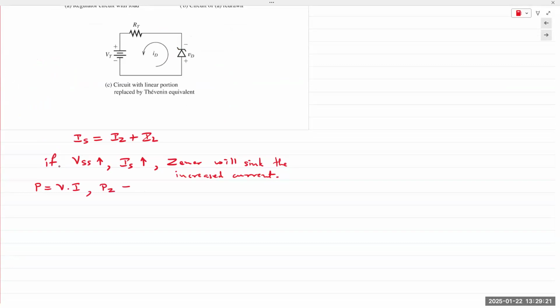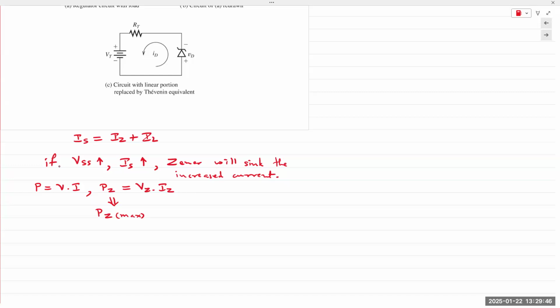So PZ is VZ times IZ. And hence, if IZ increases, PZ has a maximum limit. And you will see this towards the end of the solution of the problem. Okay.